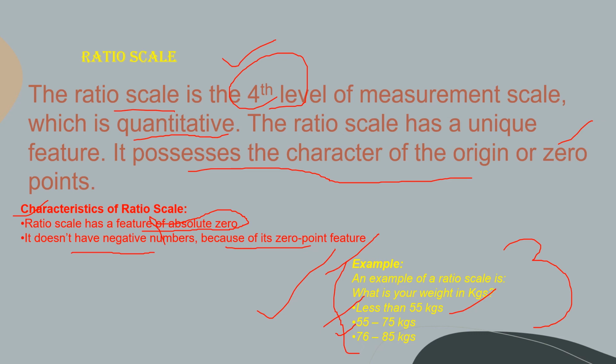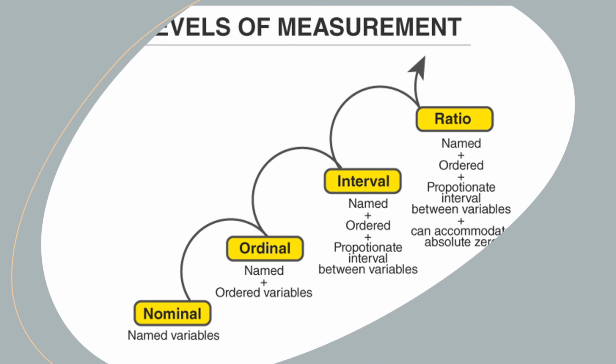So these are the four types of scales. Just remember that ratio scale is related to the absolute zero. Sometimes in Paper 1, questions are formed in a way of matching between the scales and the characteristics of the scale. So you need to remember a few points regarding the scales.